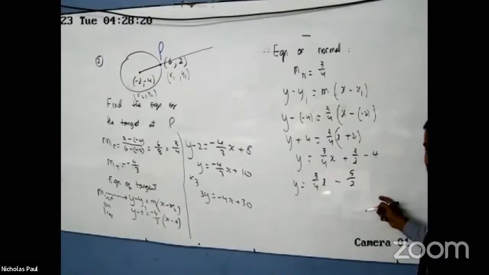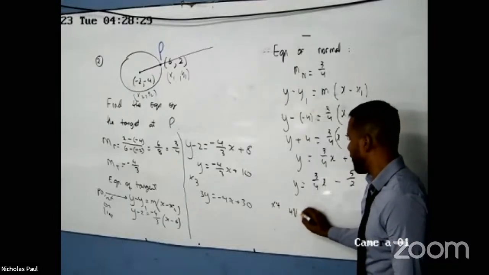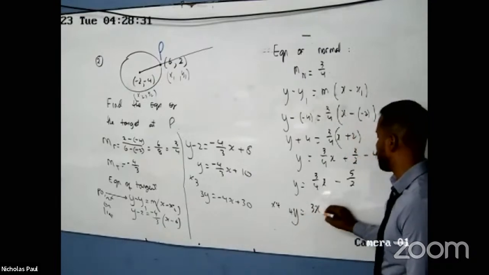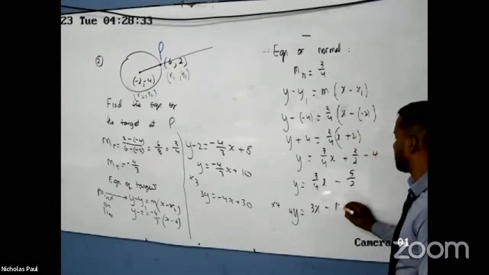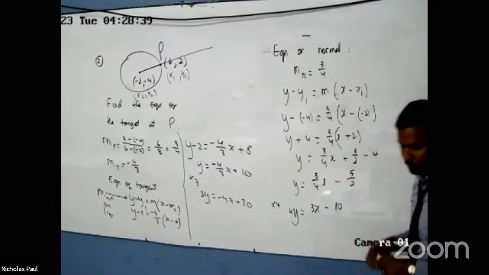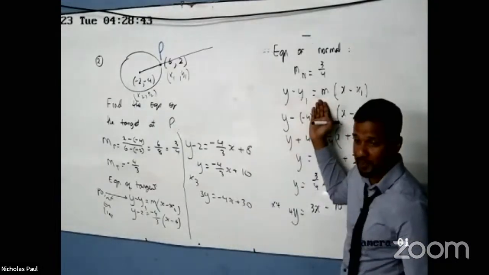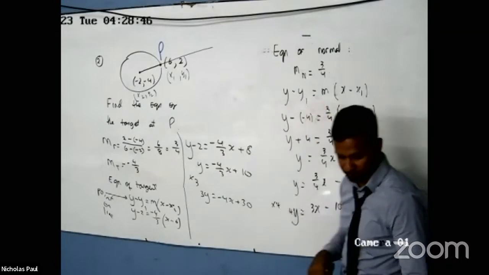All okay with that? You can do that too if you want. And you multiply everything by 4. So you'll get 4y is equal to 3x minus 10. Same thing, right? And as Alex said, if you do it like this, you can use y = mx + c.